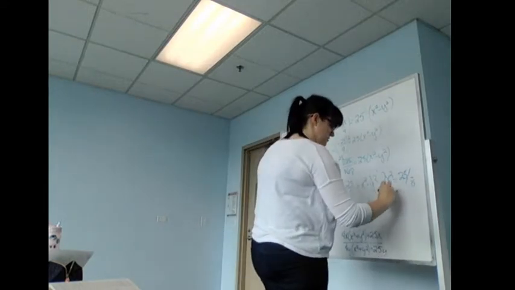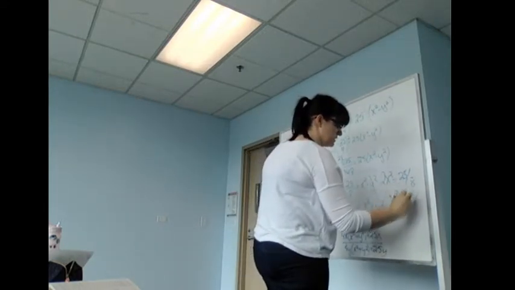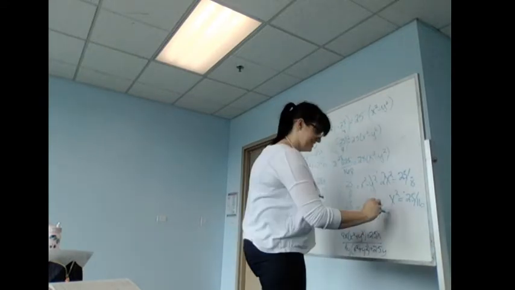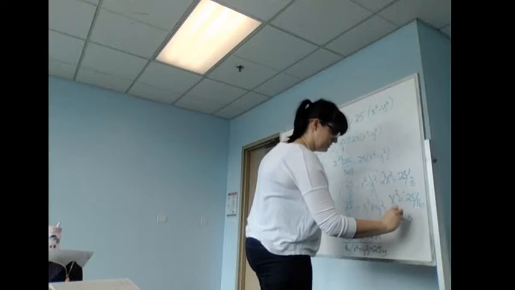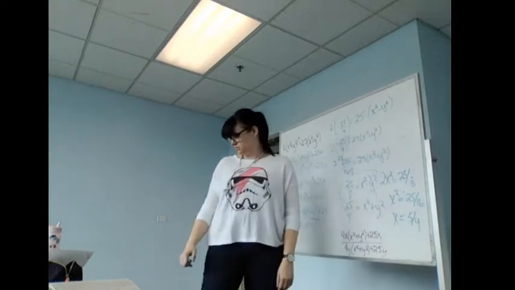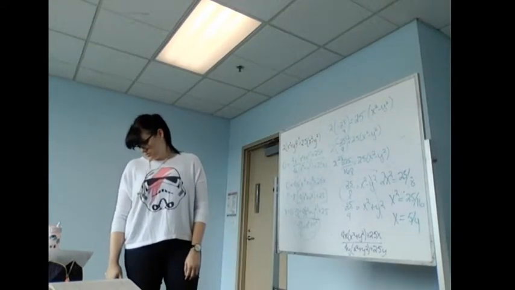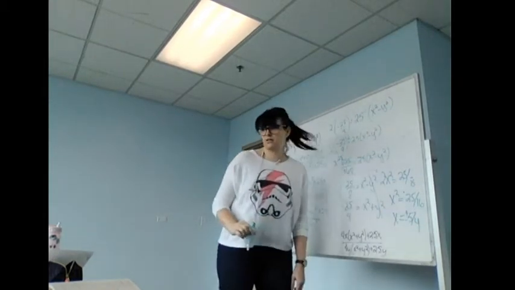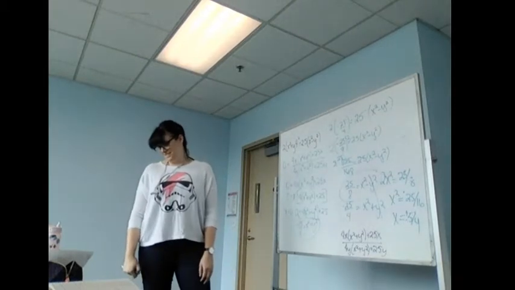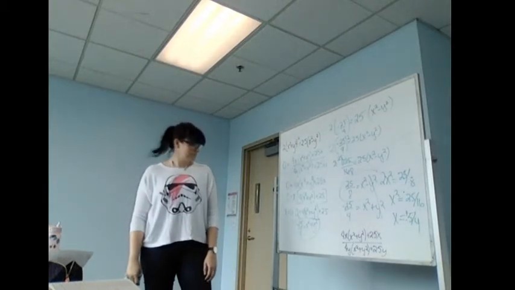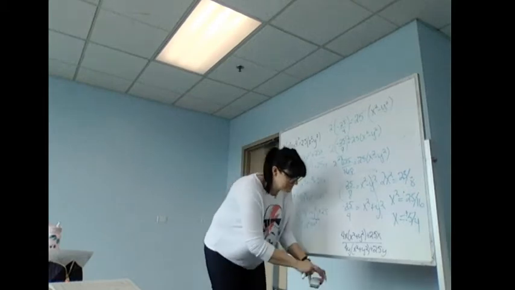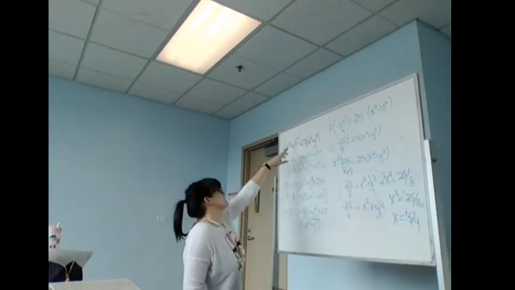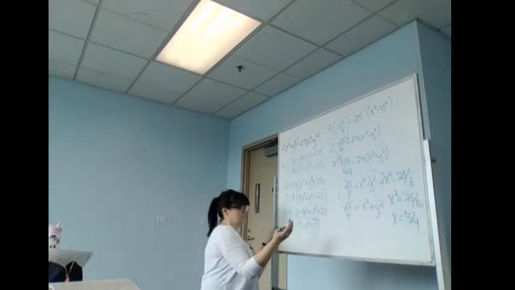So then x squared equals 25/16. So x equals 5/4 plus or minus. And then taking this, plugging it into this one.